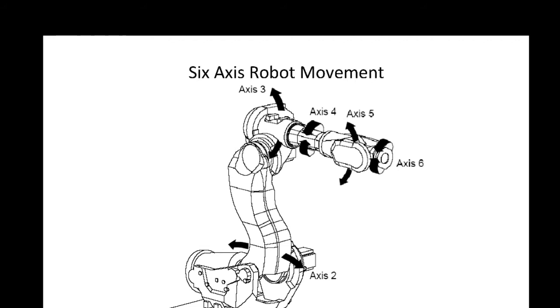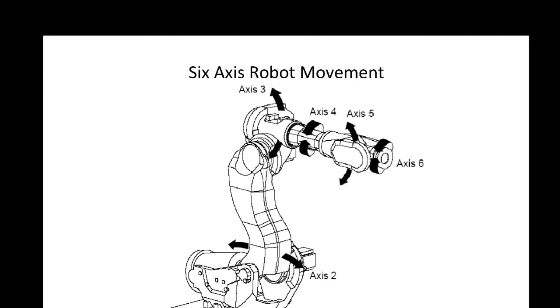Axis 6 is major because axis 6 is the end axis. All the other axes are joined: axis 1 is joined with axis 2, axis 2 is joined with axis 3, axis 3 is joined with axis 4, and axis 4 is joined with axis 5.